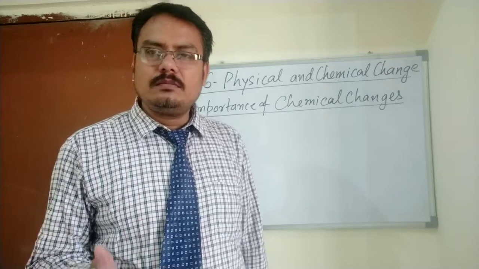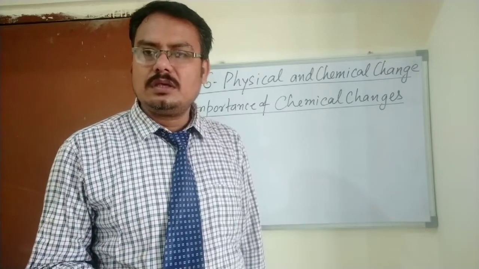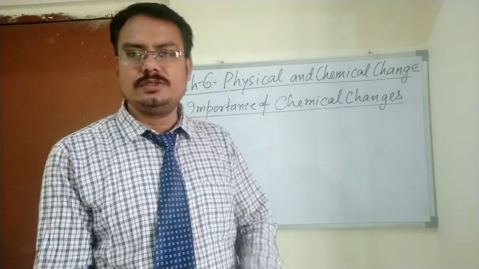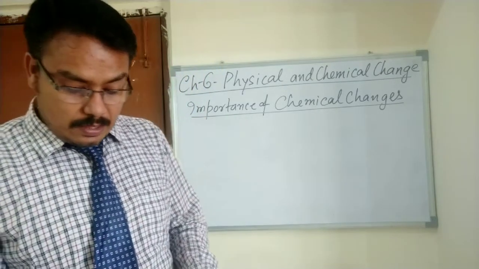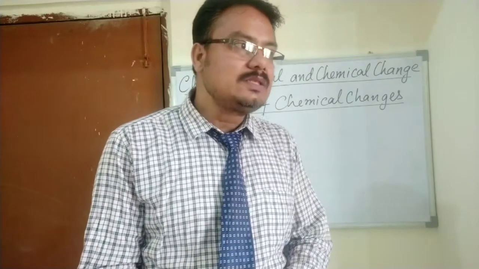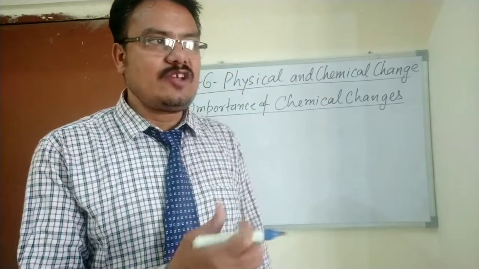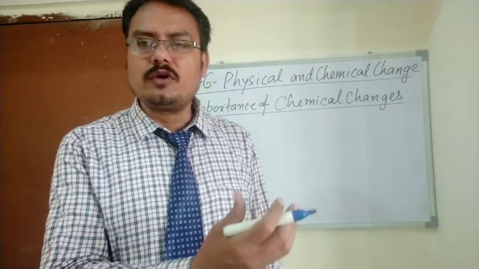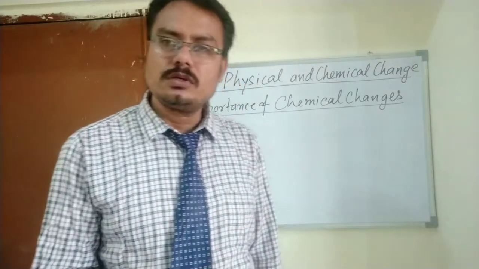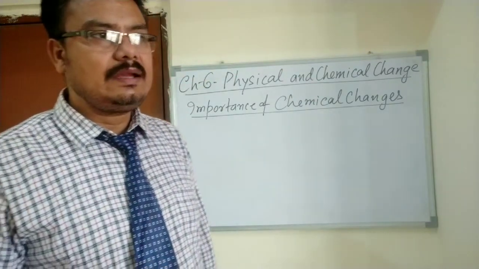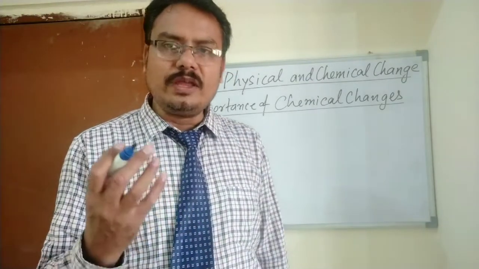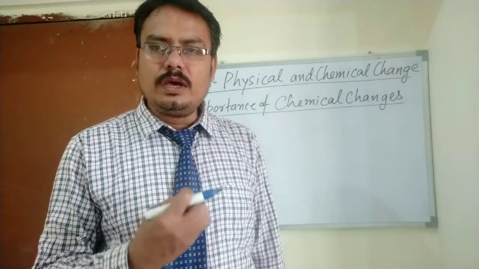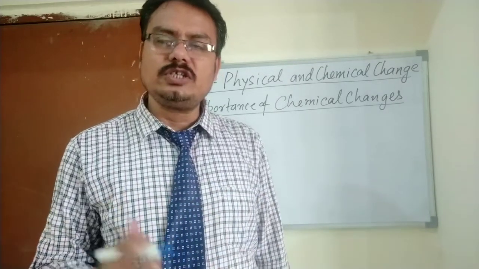The plastic materials which we are using are also formed by a chemical reaction. It is also a chemical change. And the metals which are extracted from their ores, this is also by means of a chemical reaction, a chemical process. So students, you have seen that chemical processes are very useful to our life. We mostly depend on these chemical changes.